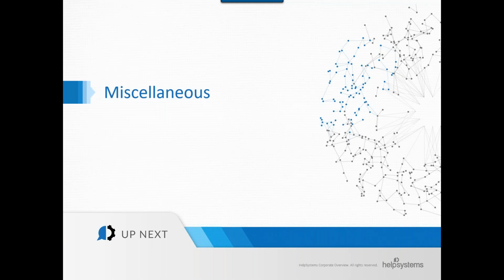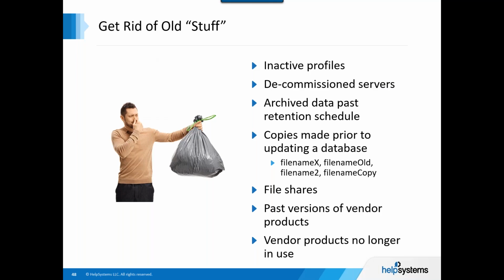Okay, so we talked about data, the need to secure data, both in your libraries as well as in directories. Here are some topics that didn't fall under a particular category, so I called them miscellaneous. One of the things I find is that people like to hoard things on their IBM i system.